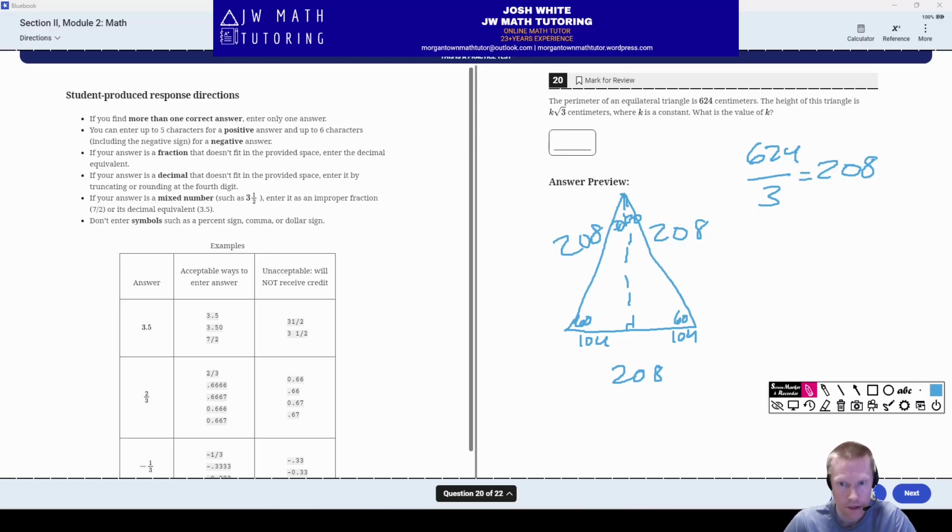So to get the height here, you could either use the Pythagorean theorem or, if you know your 30, 60, 90 special triangle rules, you could notice that the 104 is across from the 30. It's the short leg down here. The long leg will be equal to 104 root 3. And the height, they said, is equal to k root 3. Therefore, the k value here is equal to 104.